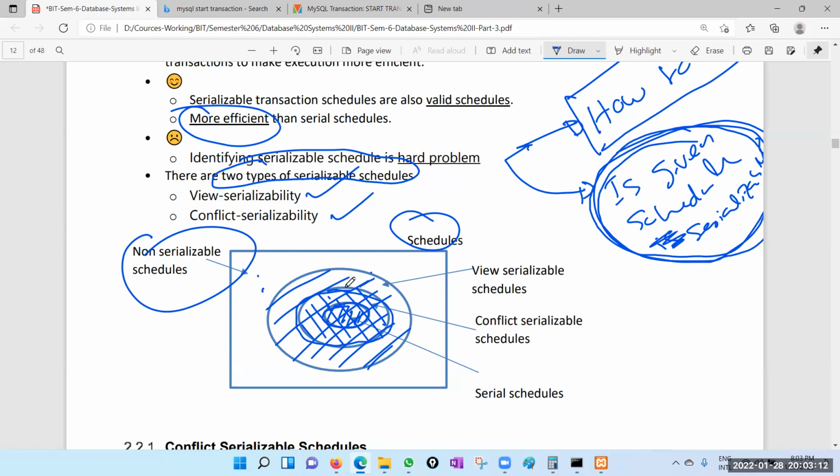And serial schedules are also there. Okay. Right. So first we are going to check.